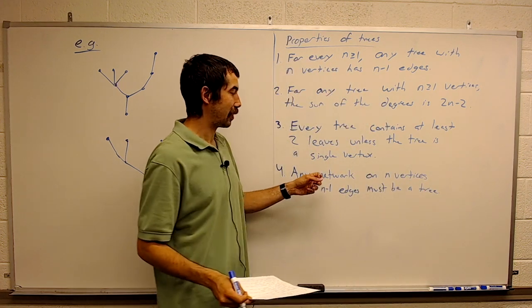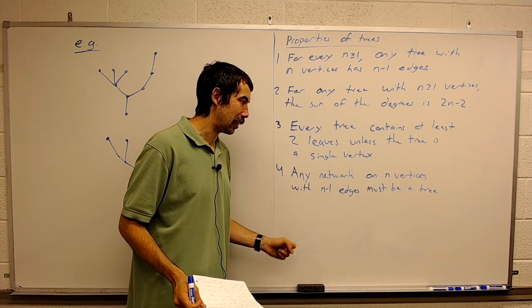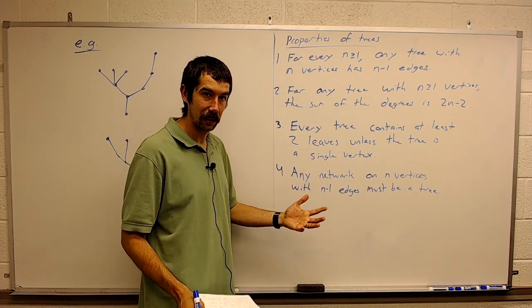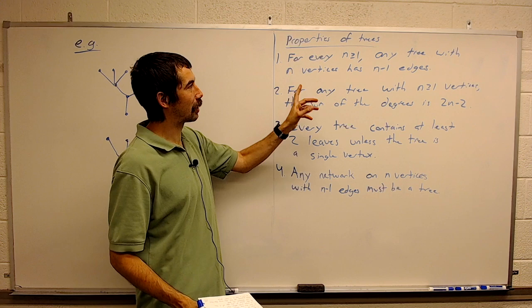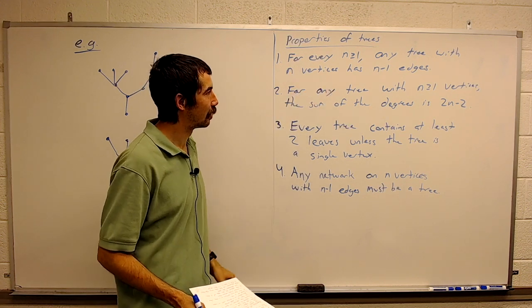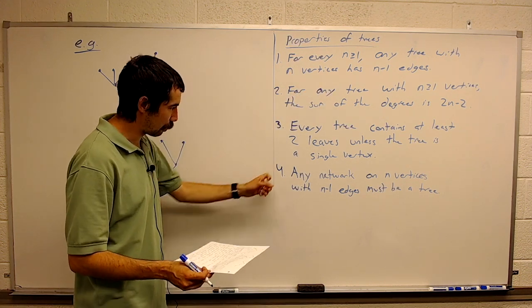So if it's connected and has n minus 1 edges, it must be a tree. It's almost saying the converse of this, but not quite. So we need it to be connected.